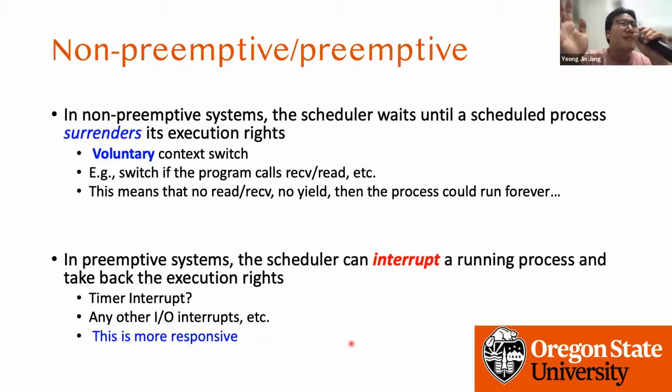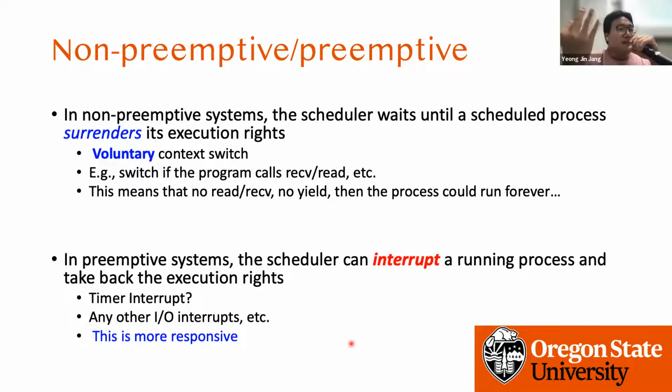In a non-preemptive system, there's no way the operating system can stop the user-level execution. The scheduler needs to wait until the program voluntarily surrenders its execution right with a sys_yield kind of function. Or whenever a system call is invoked by the user program, the operating system automatically gets the execution right, and then we can run the scheduler there.